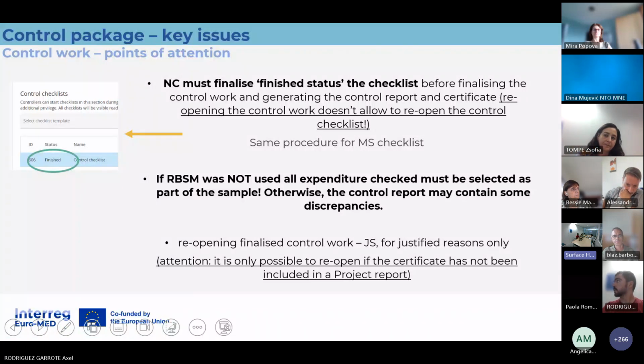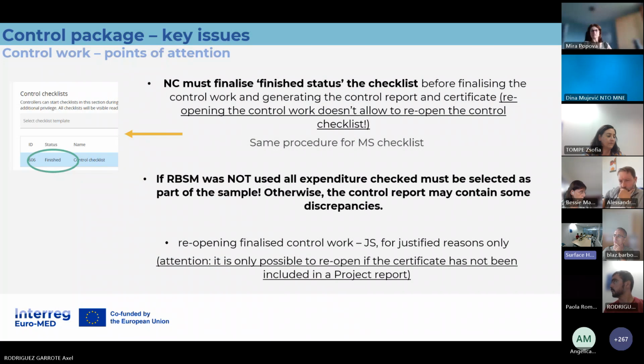Then we can reopen it. Of course, as we were saying before, you can only reopen a certificate if it has not been included in a project report. What does it mean? If the lead partner has started the project report and has already included the certificate, and we need to reopen the certificate, then the lead partner must remove the certificate from the project report.